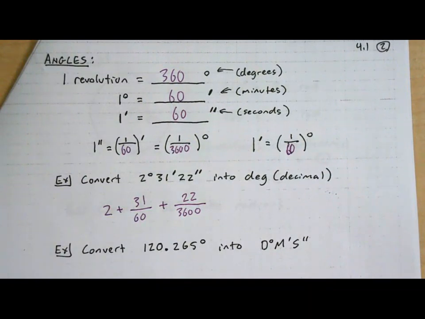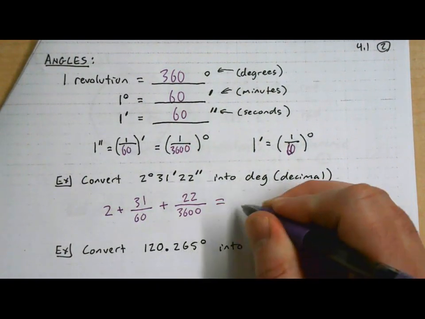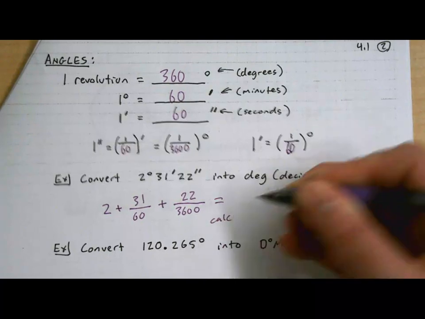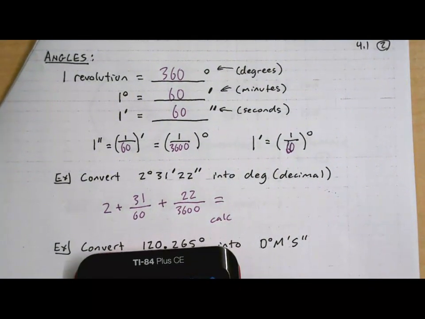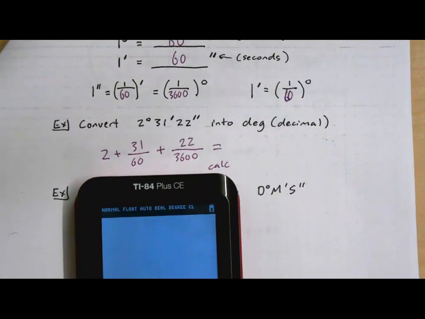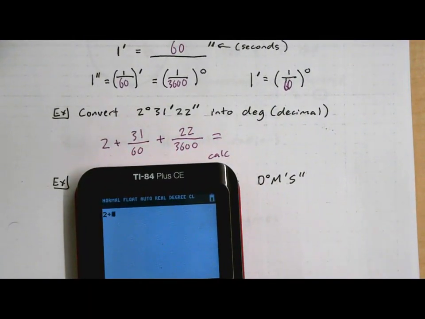And then we just type that into our calculator. And we get our answer. And we guessed it was going to be about 2.5. Let's see how we did. Hey, we're totally around 2.5.